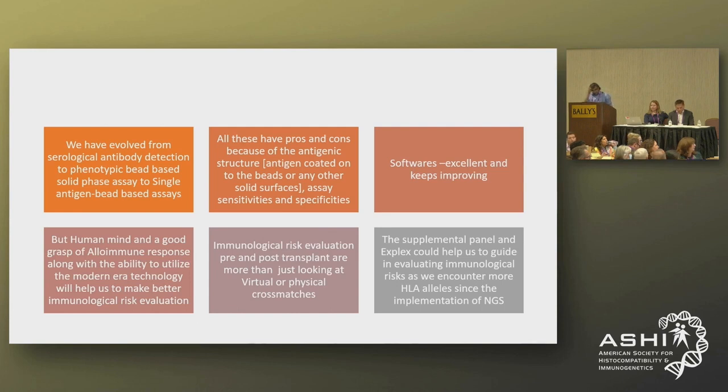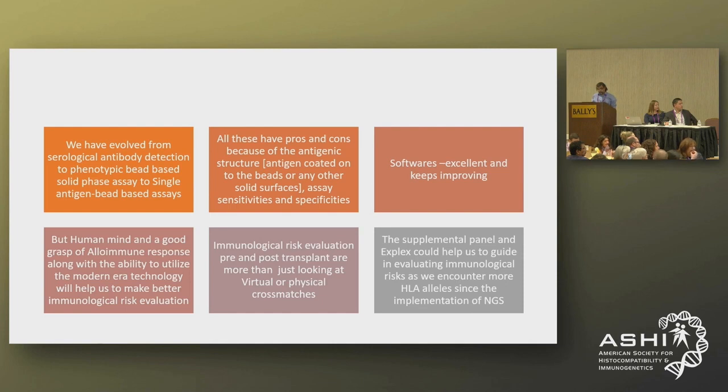So you've got two excellent lectures on how we do the virtual cross-match. First is about allele specificity using the current technology of next generation sequencing, highlighting the importance of allele specificity and how that can impact virtual cross-match.